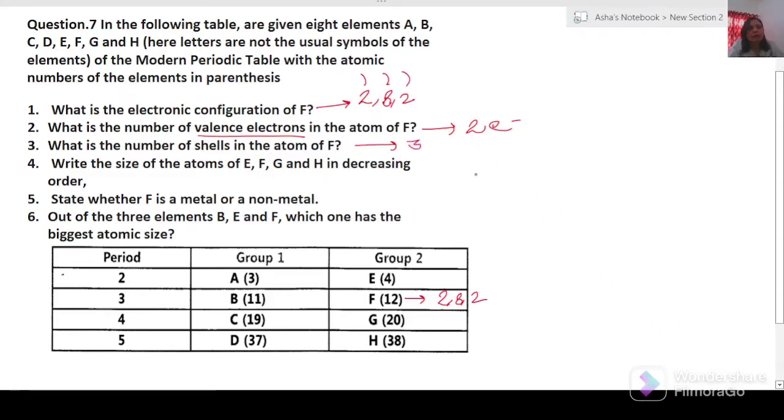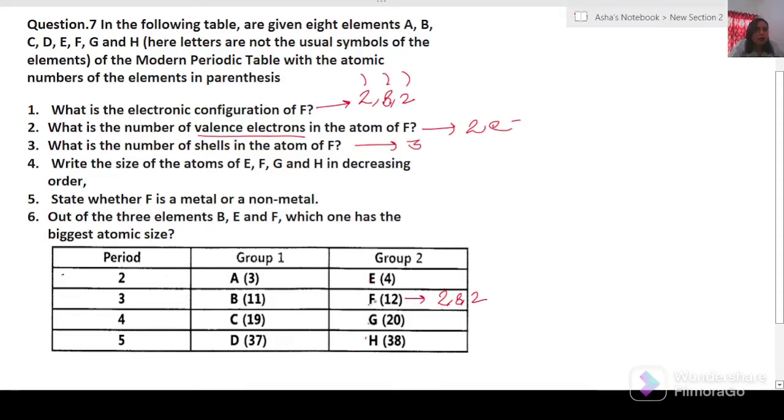Write the size of the atoms E, F, G and H in decreasing order. Okay, so if they are in the same period, then you know that always atomic size keeps on getting decreased as we move from left to right. E, F, G, H, this is here E, F, G, H, right?